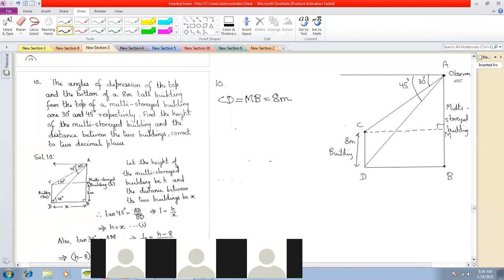Also, if this angle is 30 degrees, then this angle must be 30 degrees. And if this angle is 45 degrees, this angle must be 45 degrees. Okay, so these two angles are also given to you. Now the question is, what is the height of the building? So we say, let the height of the multi-storied building be h.